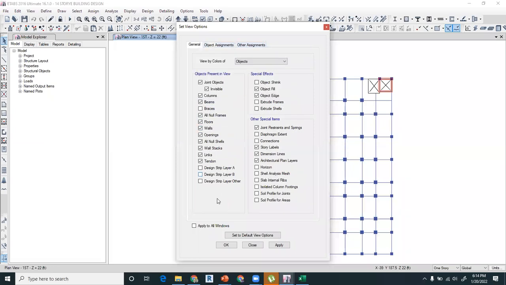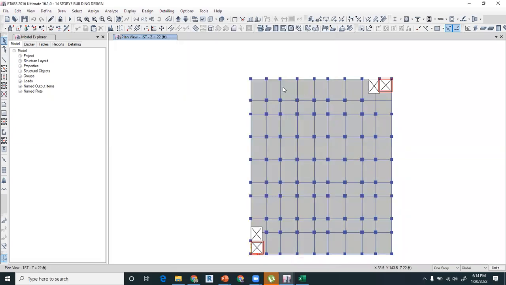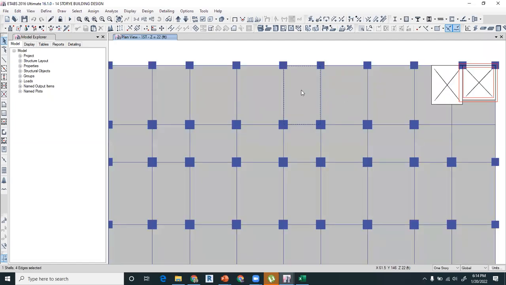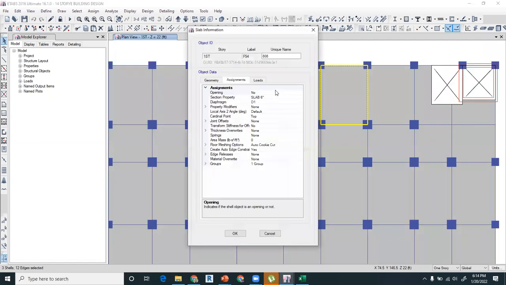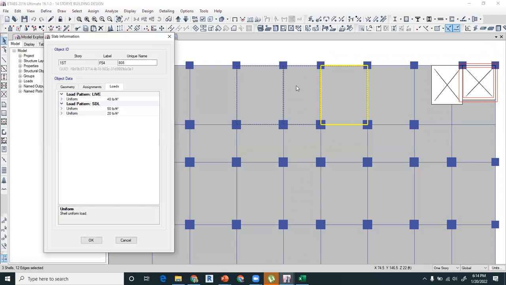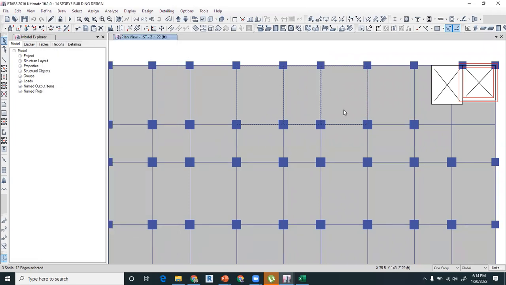Let us show the floors. So this was the panel on which we have this extra load. So you can see this is 20 and this is 50, right? And the same is for the other. So you have to apply these loads on the floors.